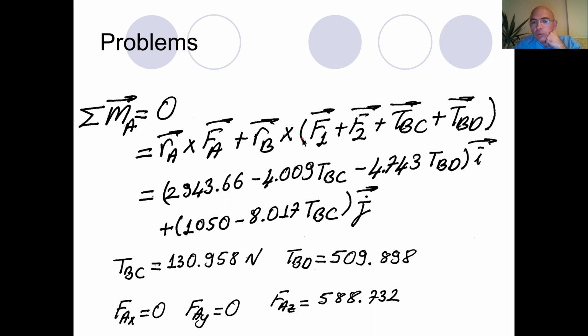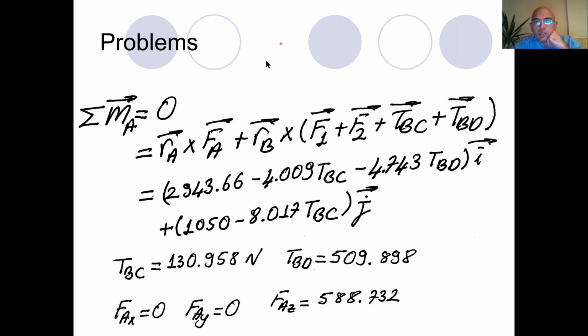The good thing with the problem is that many of the forces are located at point B on the pole, and only the reaction force at the support is away from it.